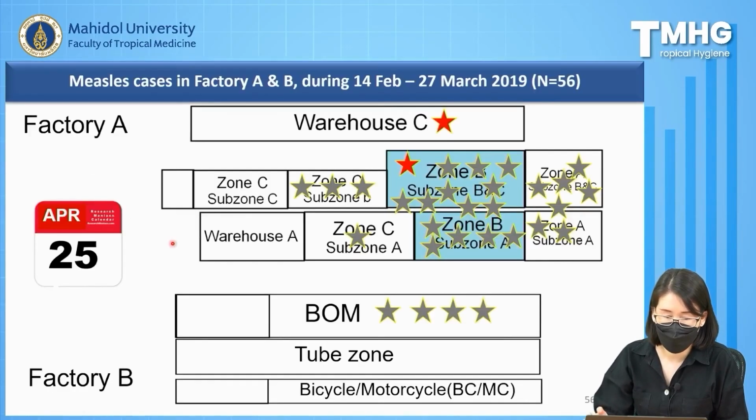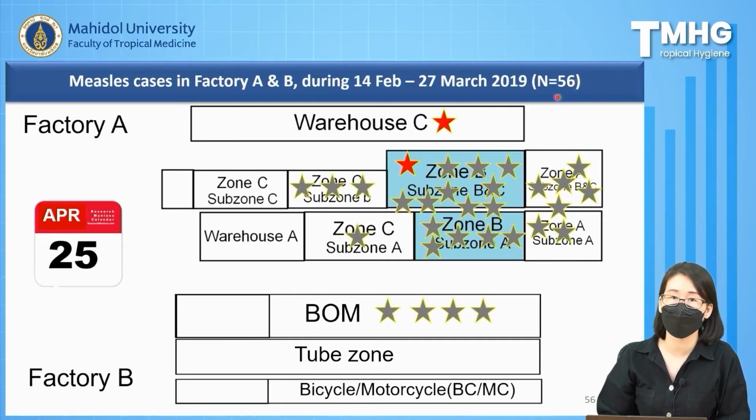Okay, so this is measles cases in factory A and B during that time. The total number of cases involved is 56. This is factory A and this is factory B. The star means cases.